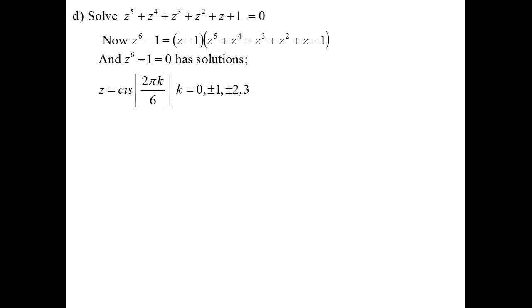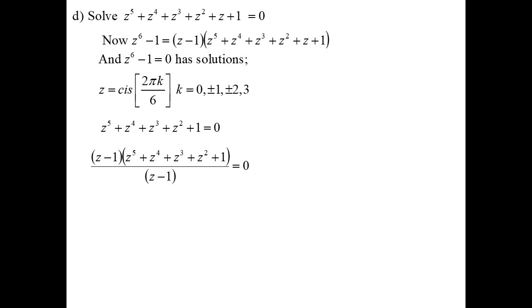It'll be cis 2 pi k on 6, where k is plus or minus 1, plus or minus 2, and 3. But I want to solve this equation. Well, let's turn it into something we already know the answers to. If I multiply top and bottom by z minus 1, the top of the fraction becomes z to the power of 6 minus 1. They're the ones I already know the answer to.